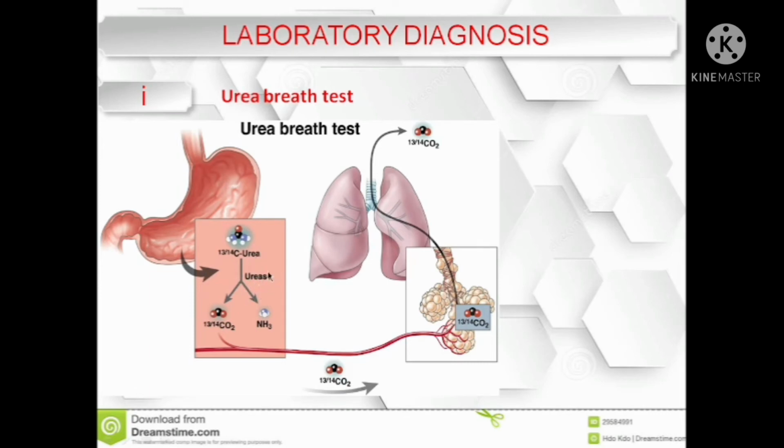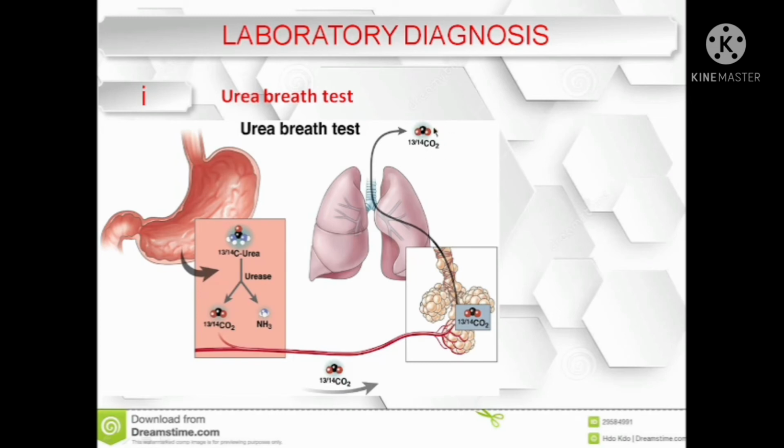So if H. pylori is present, it will split this labeled urea via this urease to CO2, that is bicarbonate, which is absorbed into the bloodstream and exhaled as carbon dioxide. So it splits it to this CO2, which moves to the bloodstream and is exhaled out as carbon dioxide.